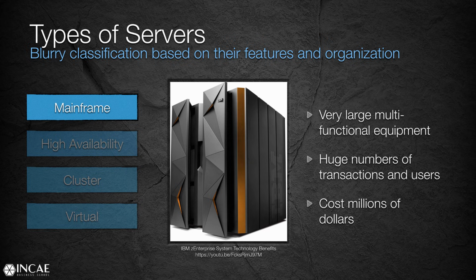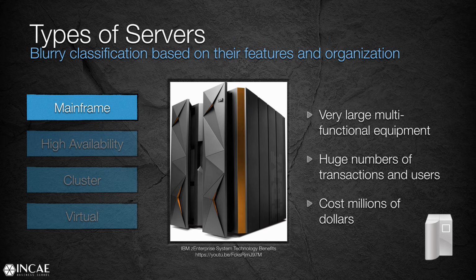If you want to learn more about these, I encourage you to click on the link that takes you on a brief tour of what the IBM Z Enterprise System technology is, which is basically how modern mainframes look like. Worth mentioning, if we were to draw a mainframe in a network diagram, the icon on the bottom right part of the screen is the one we'd use to represent the mainframe in our network diagram.